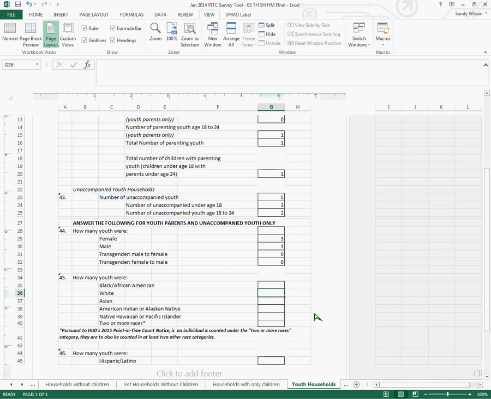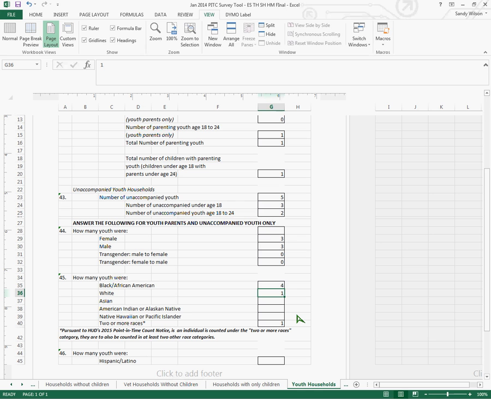Then I'm going to look at these 6 individuals and see what their races were. I had 1 individual who presented as biracial, both black and white. I'm going to enter those numbers first because it's easier for me. And then I realize that I have to look at the remaining 5 and determine what those races are. I had 3 individuals whose race was black or African American, so I'm going to add them to my 1.